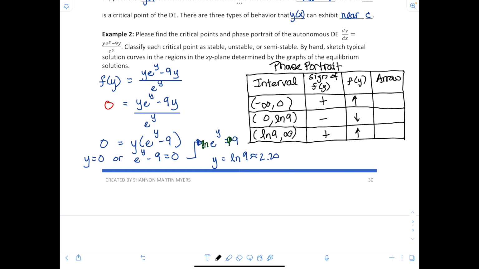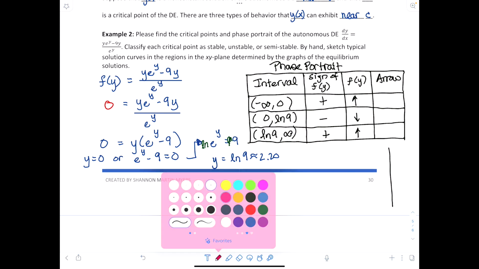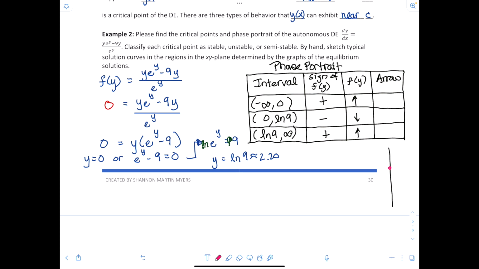Well, that's where you look at that graph. So if you make this picture, and you think of this point being our C2, natural log of 9, and you've got another point, C1, which was 0, well, this guy here would be an attractor.